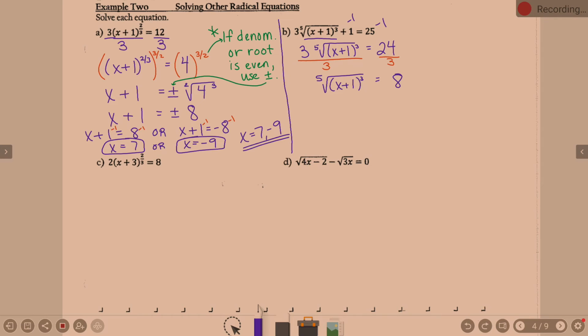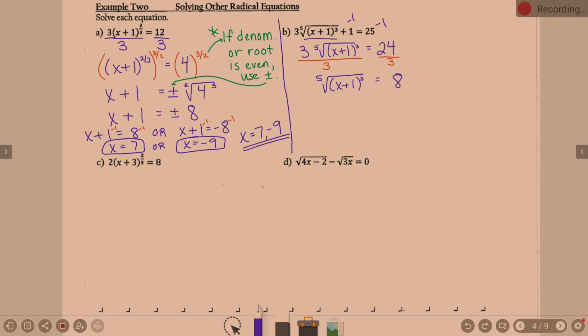So, there's 2 different ways that I could teach this. I see a radical, yes? Yep. How can I get rid of this radical? Keep in mind, this radical is a fifth root. To the power of 5. Think back to the top 2 examples.